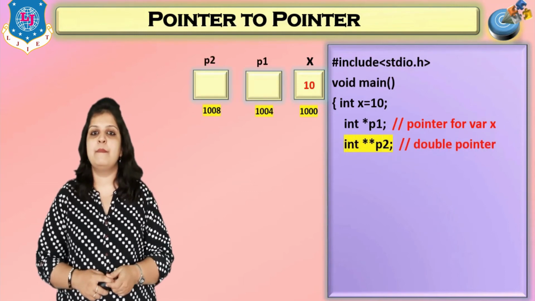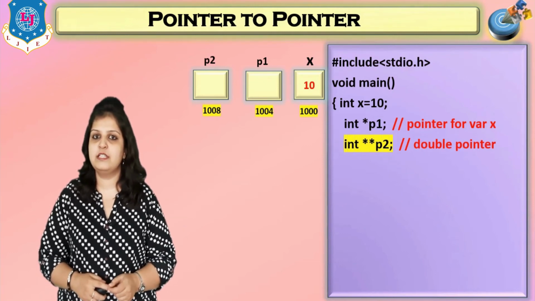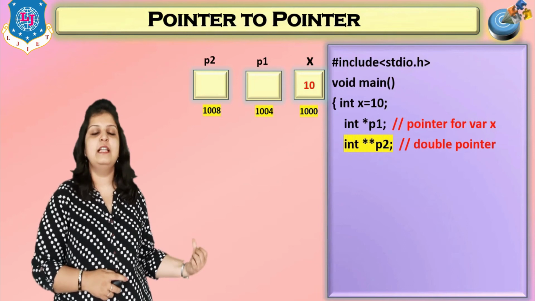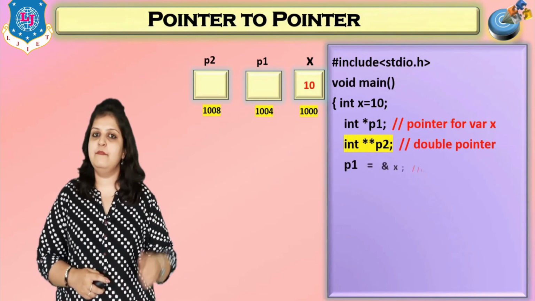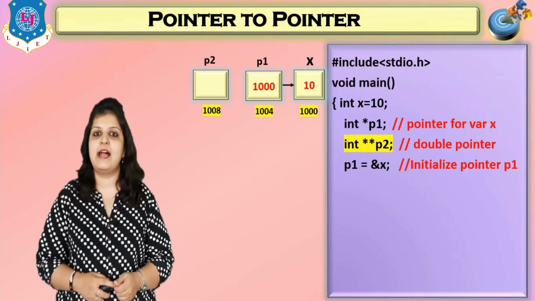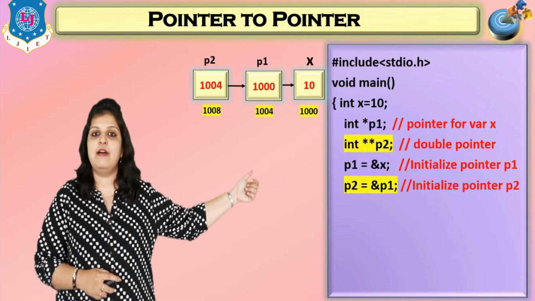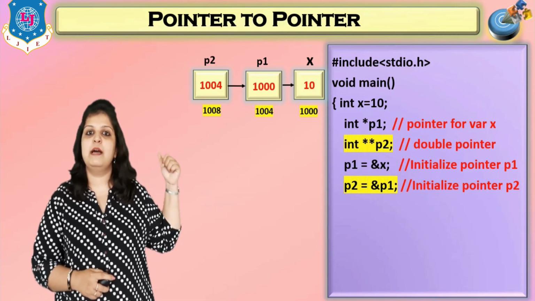Here for p1 the memory location is 1004 and for p2 the memory location is 1008. Now initialize both pointers. So in p1 the address of x will be stored, that is 1000, and in p2 the address of p1 will be stored. Now I want to access the x value by using p1 and by using p2.